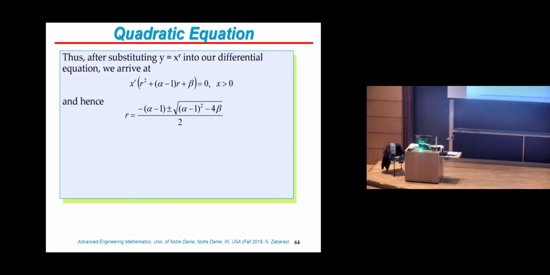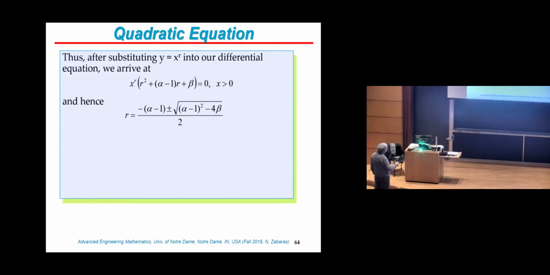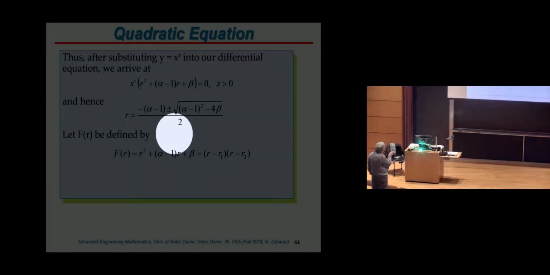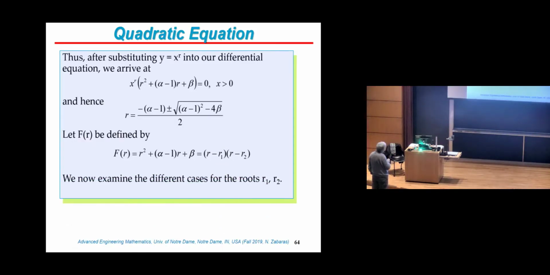Nice. And now all the complexity comes there. These solutions can be real numbers and different from each other. They can be equal to each other when the argument in the square root is equal to 0, or also they can be complex numbers. All right, but not a big deal because x to the power r is easy to handle, all right? So we define F of r to be this quadratic polynomial, all right, with the two roots r1 and r2, okay?